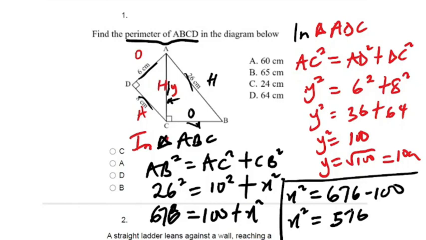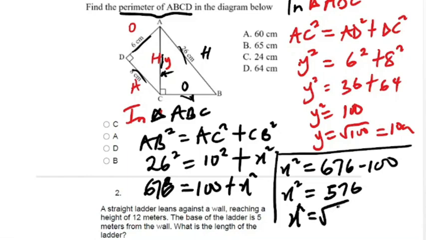So X equals the square root of 576, which is 24. But mind you, that is not what we are looking for.